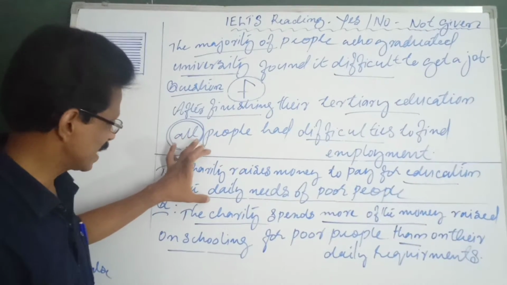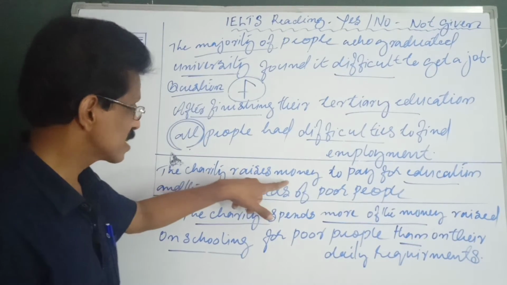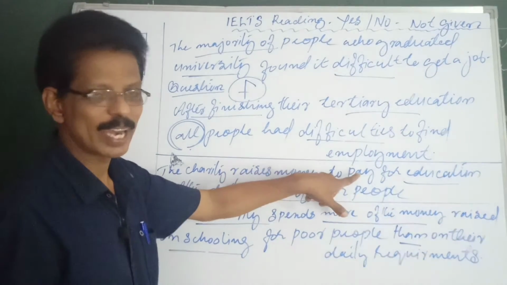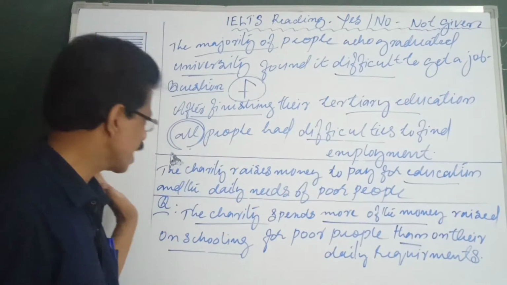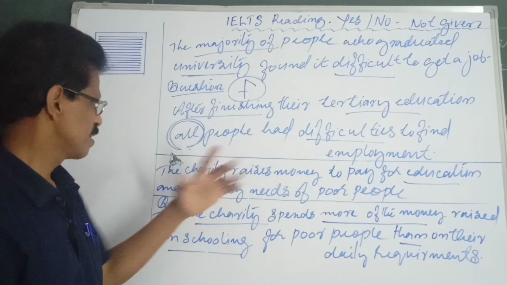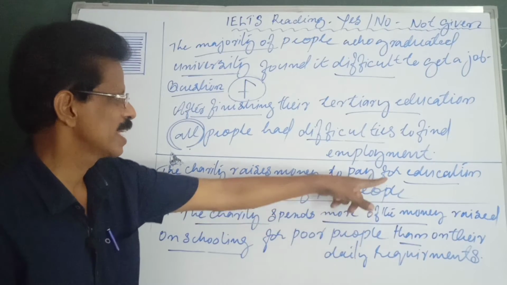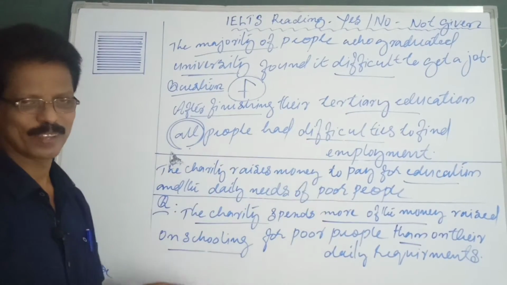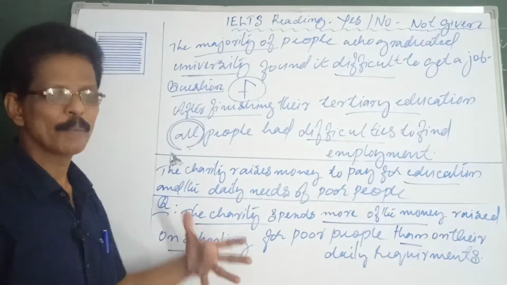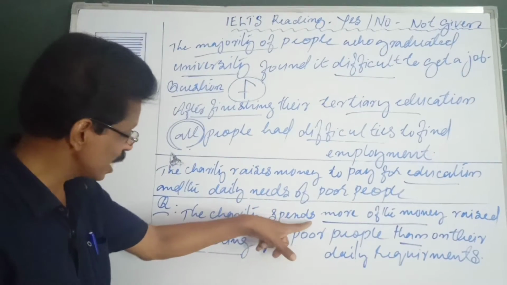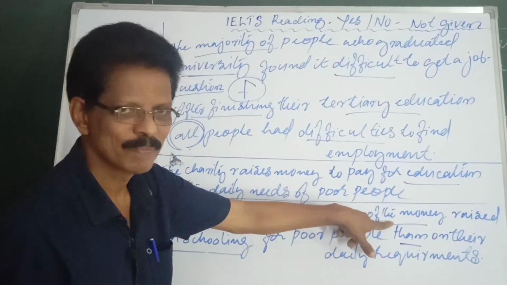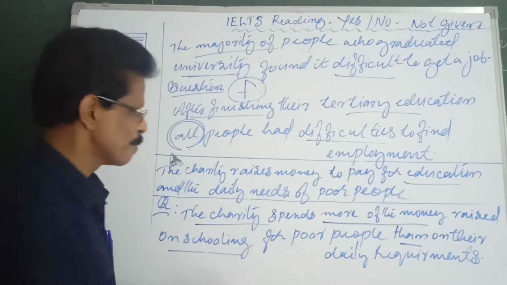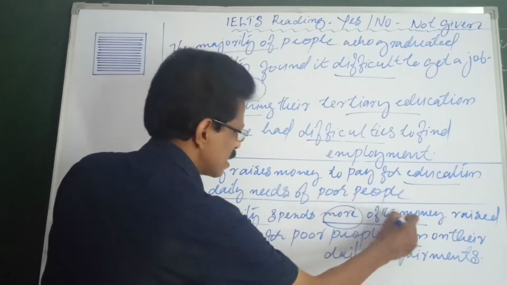Understand very clearly. The charity raises money to pay. Charity is raising money and spending for education. Here more is not there. To pay for education and the daily needs does not mean more or less. Here it is very clearly told, more of the money to education than, more than, comparative degree.